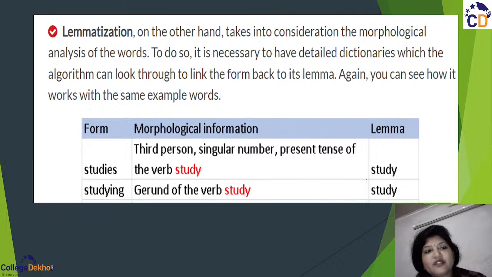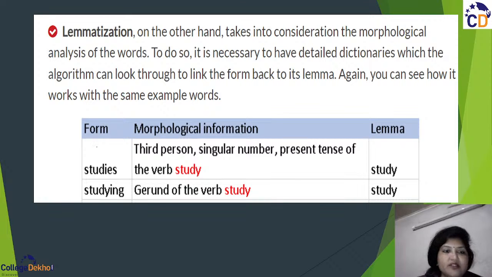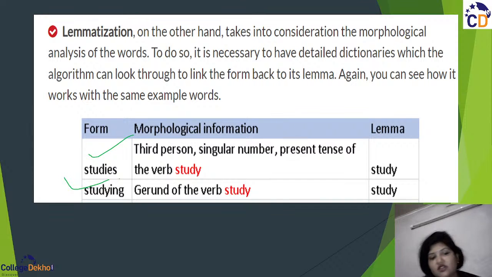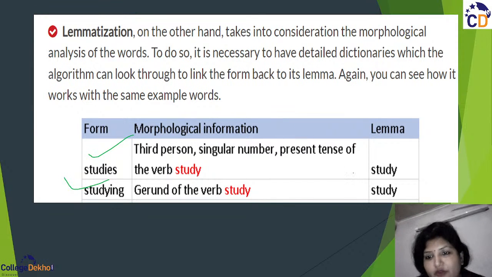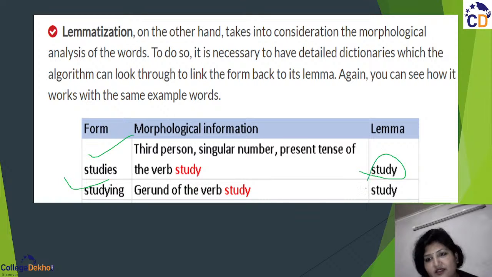So again, you can see how it works. Let us take the same examples with lemmatization, and we check out the morphological information related to studies, right? Our main word was studies. The same words we have taken are studies and studying. So your lemma would be study in that case, right? And this is the base form.